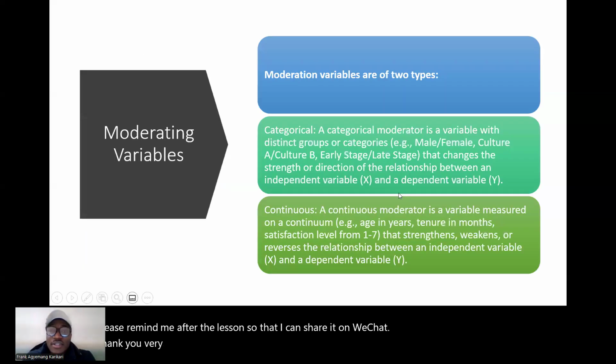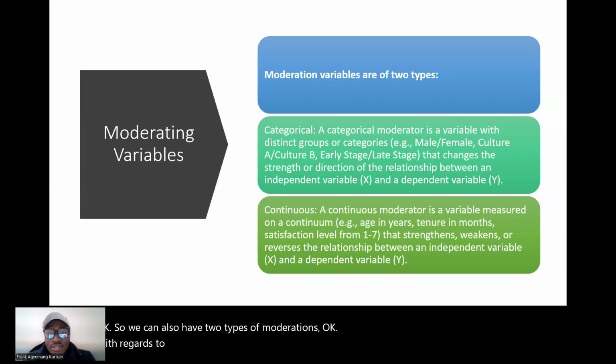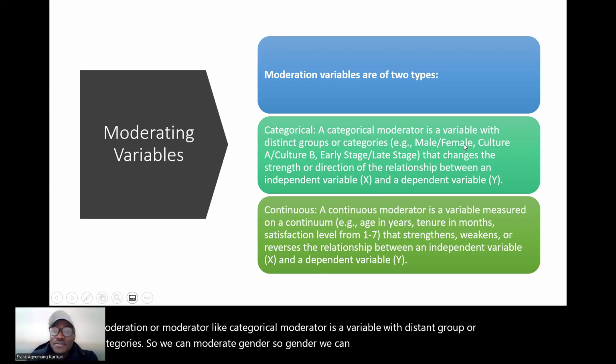Okay, so we can also have two types of moderations with regards to the variable types. We can have a categorical moderator and a continuous moderator. A categorical moderator is a variable with distinct groups or categories. So we can moderate by gender, male and female, having a moderation effect.